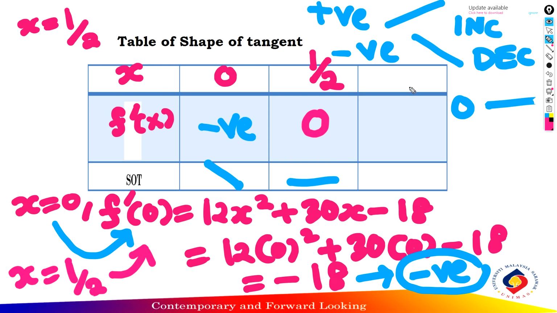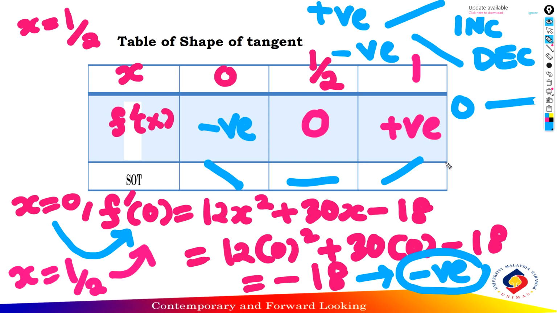And the third column, the nearest value after 1 over 2 is x equals 1. Here substitute into the first derivative, and the sign is positive. Okay, and the shape of tangent here increases.